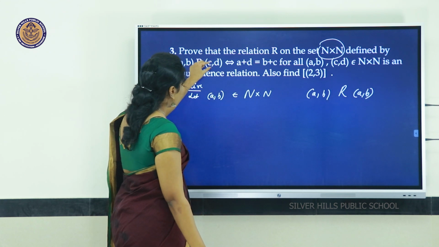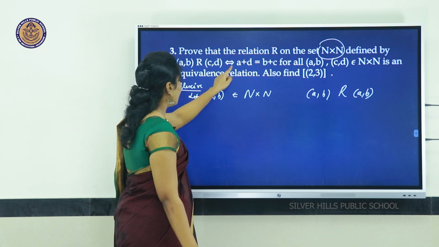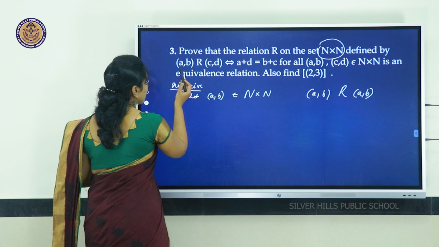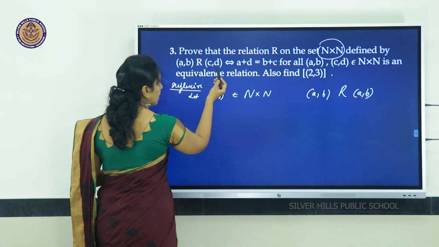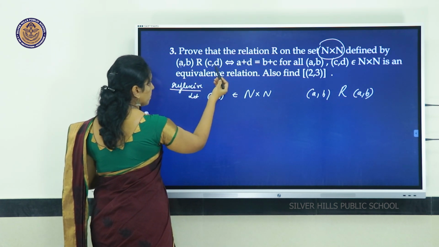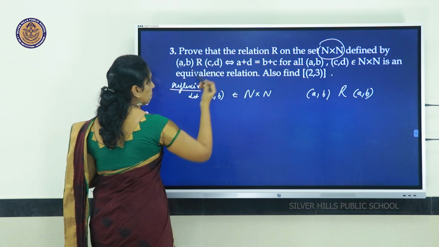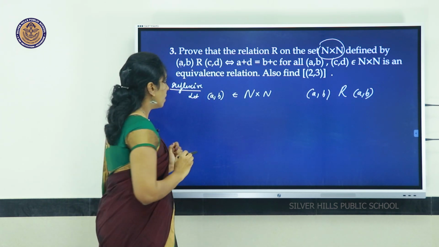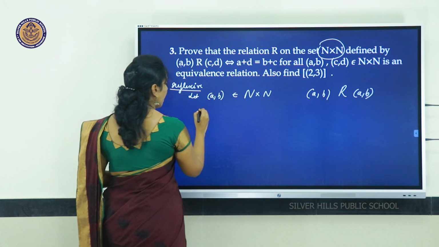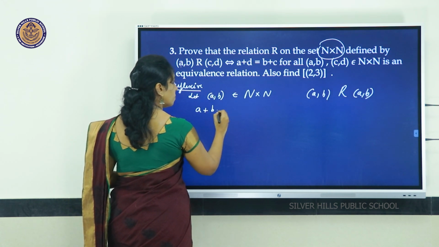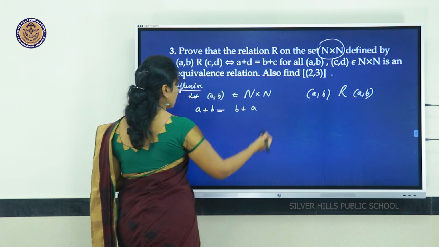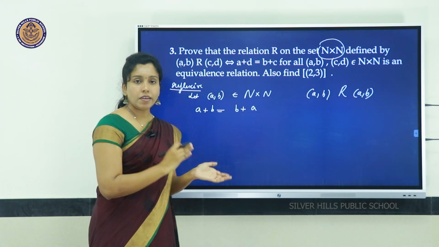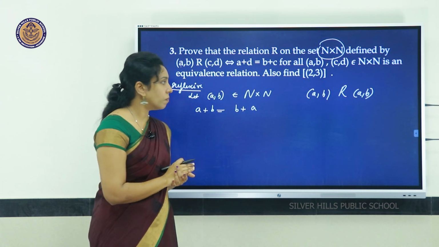If AB is related to another pair, then A plus D, that is this member added to D, A plus D will be equal to B plus C. Okay? So, now we know A plus B is the same as B plus A, isn't it? If you add 1 and 2 first and then 2 and 1, both are the same.